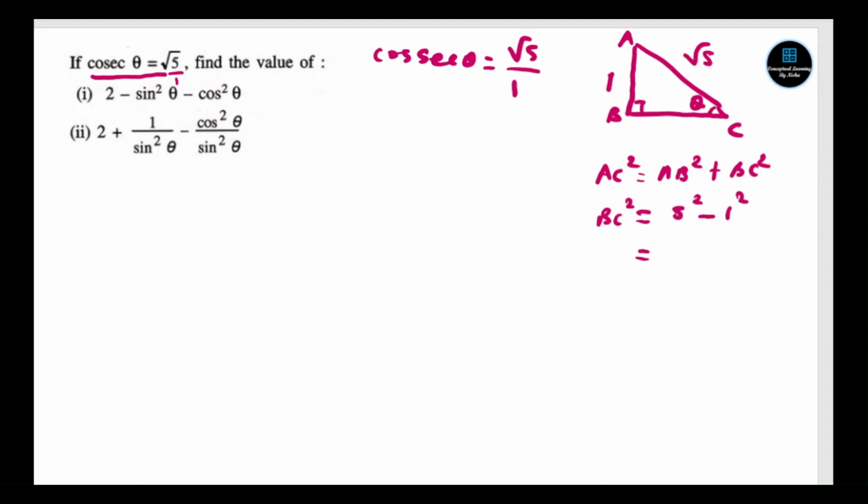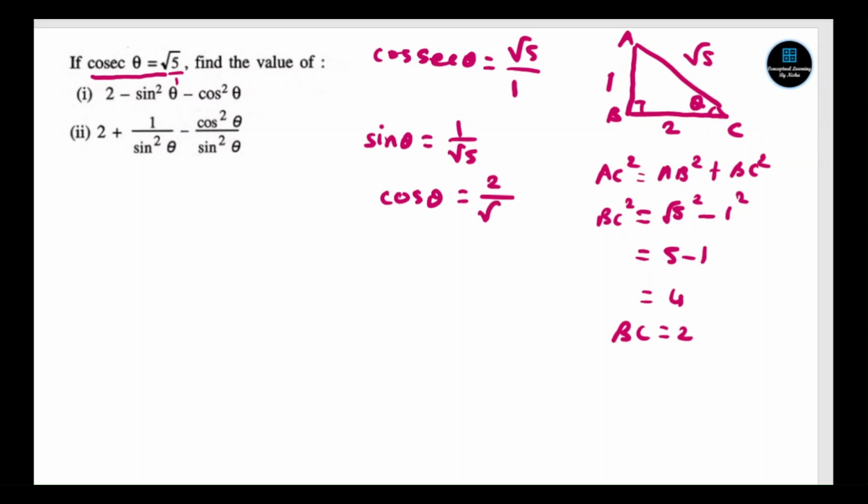So this is 5 minus 1, you'll get 4. So BC is equal to 2. And now I can write the value of sin theta and cos theta. Sin theta is equal to 1 over square root 5. Cos theta equals 2 over square root of 5.